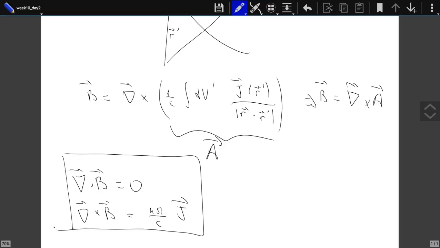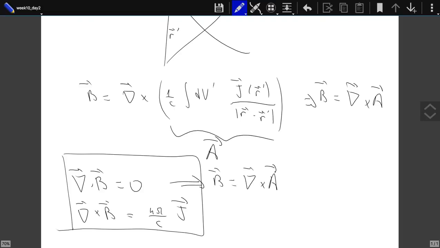Now we can also go the other way around, so these are our new Maxwell's equations describing the magnetic induction. The divergence of B being equal to 0 tells me that I can always write B as the curl of some vector field A.